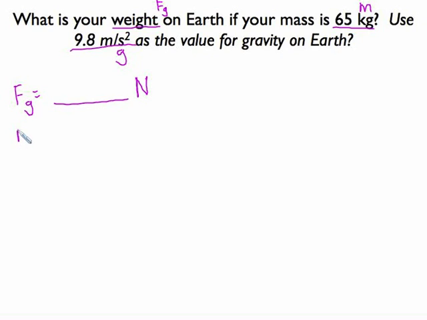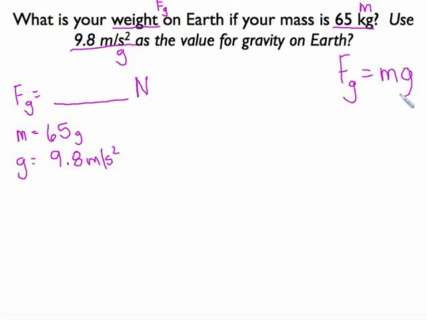We know that our mass is 65 kilograms. We know that our gravity is 9.8 meters per second squared. Our formula for this is Fg equals mg.